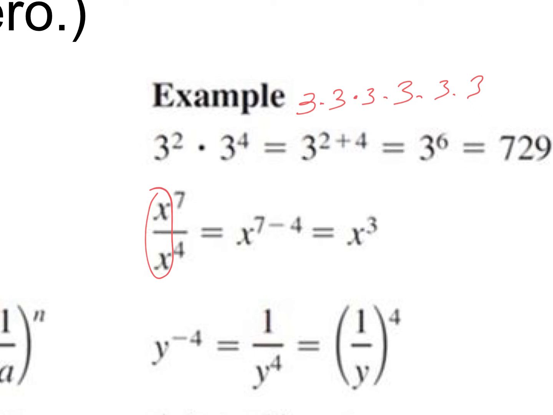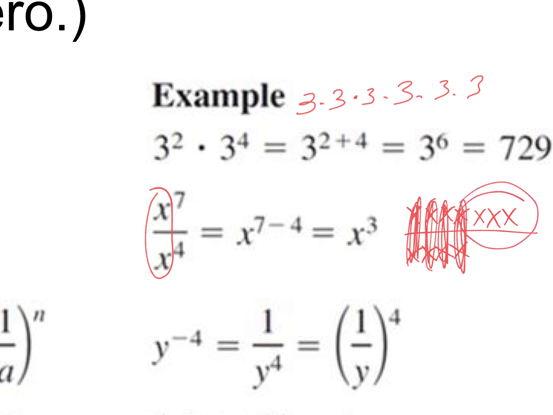So in this case, it's 7 minus 4, because what this is really looking like is 7 x's on top, 1, 2, 3, 4, 5, 6, 7, over the 4 x's on the bottom. What's anything divided by itself? 1. So cross off 1 here, 1 here, 1 here, 1 here. I'm left with what? 1. X to the what? 3rd, right? There's 3 of them. Okay?